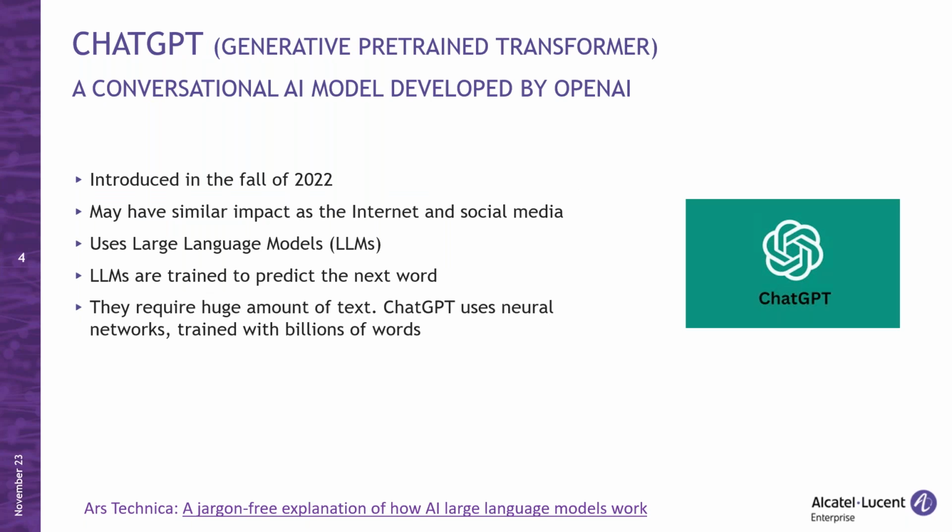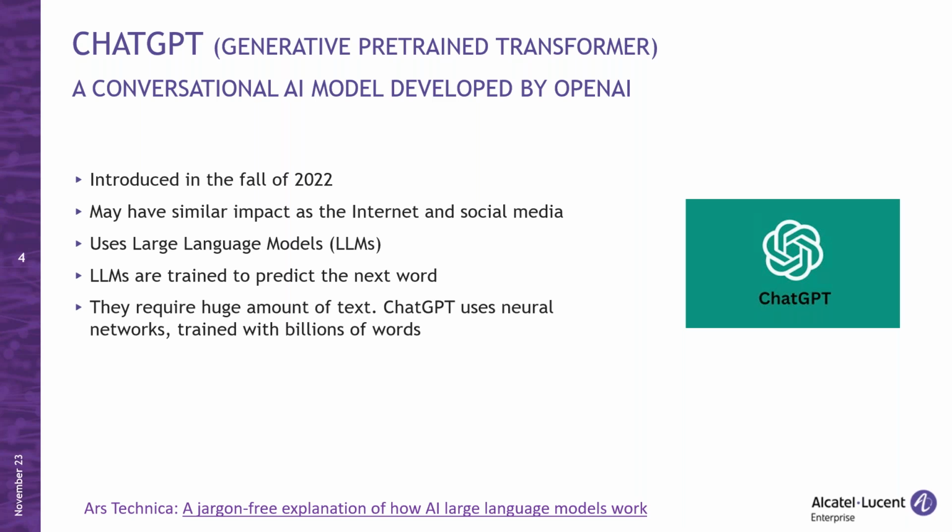ChatGPT. In this slide, we have another important AI system. ChatGPT is a conversational AI model developed by OpenAI at the end of 2022. It is expected to have a similar impact as the internet or social media had in the modern world, so a big impact, a big change in our lives.